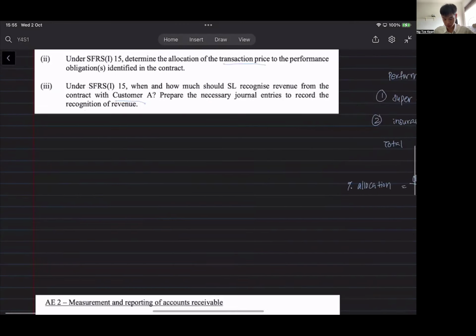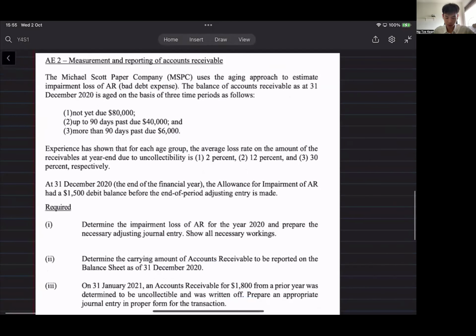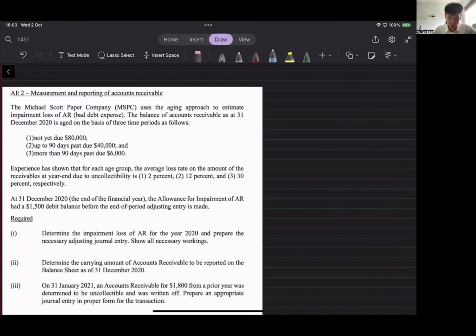So moving on to the next question, Michael Scott Paper Company. So moving on to question two. In question two, we are told to do the measurement and reporting of AR, and we have to produce an aging table here. So I would use AR to denote accounts receivable in this question.